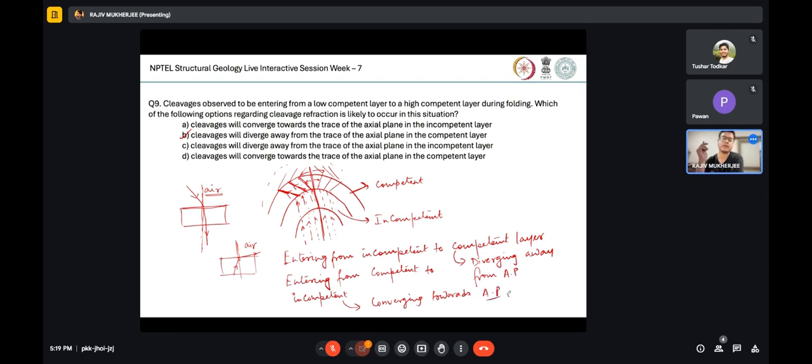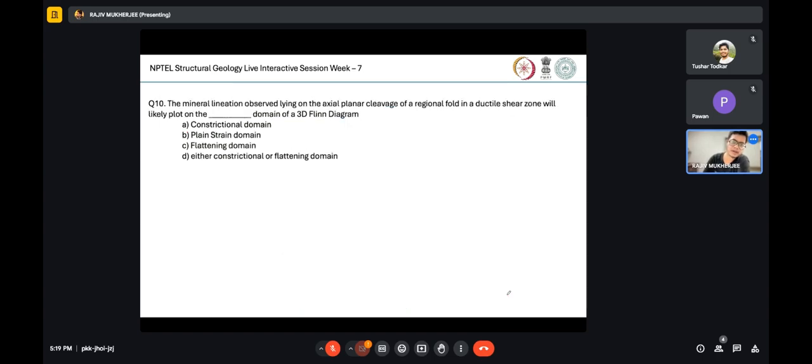So this is how through cleavage refraction you can also identify which one is competent layer and which one is incompetent layer. Okay.